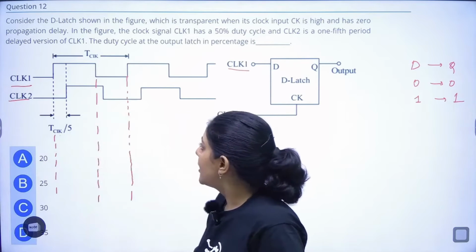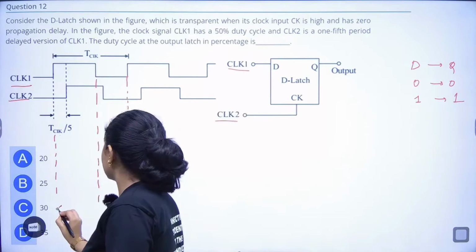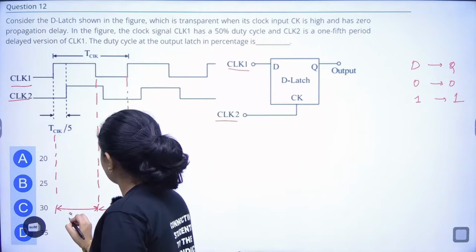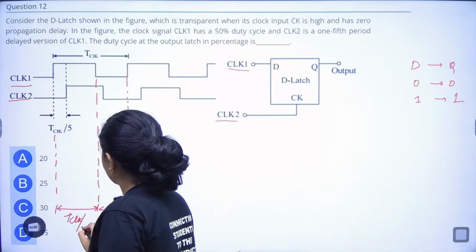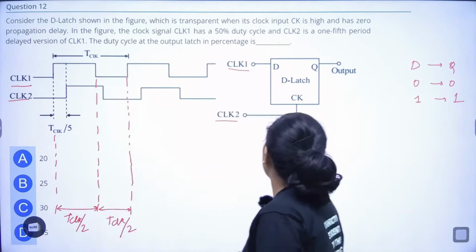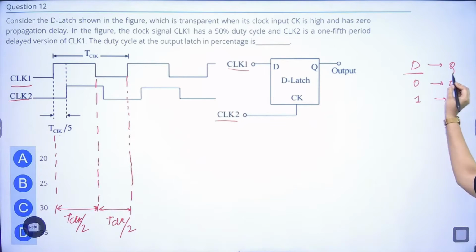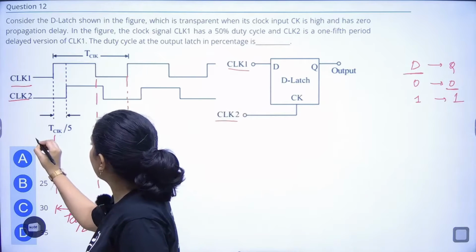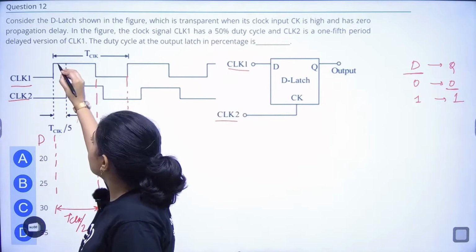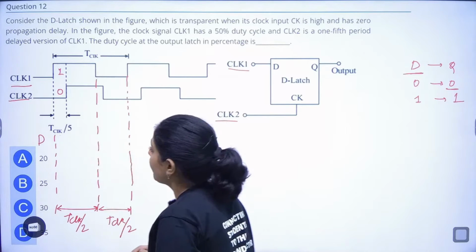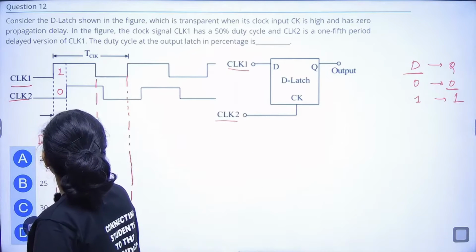Okay, clear. So this is your T clock. So this is your half T clock, half cycle. T clock by 2. This is also T clock by 2. Now this is what D should be when both are 1. If I am drawing there D, this is 1, this is 0. The output given by D latch will be equal to 0.